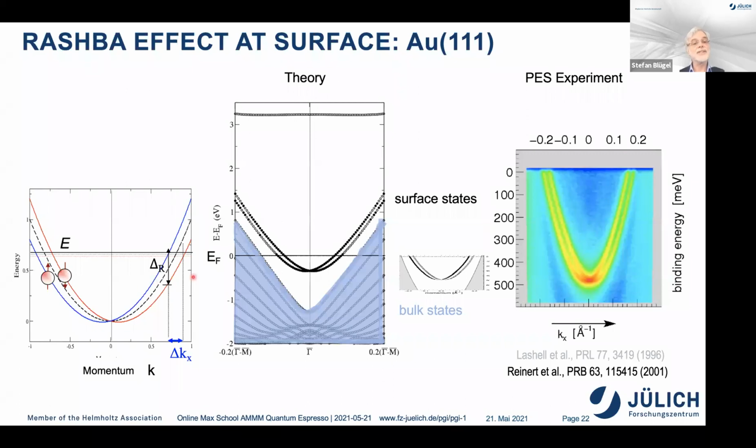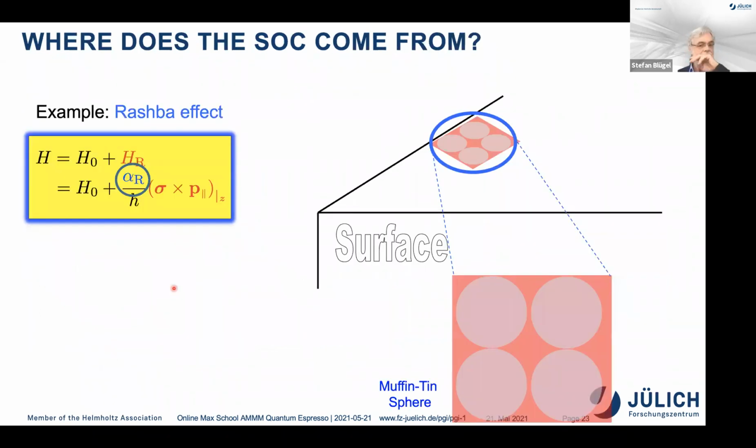And here it's exactly vice versa, because this here is the spin down state and this here is the spin up state. So basically you have a spin momentum locking. Now this spin momentum locking has great consequences. I should say first, where is actually this Rashba strength coming from?